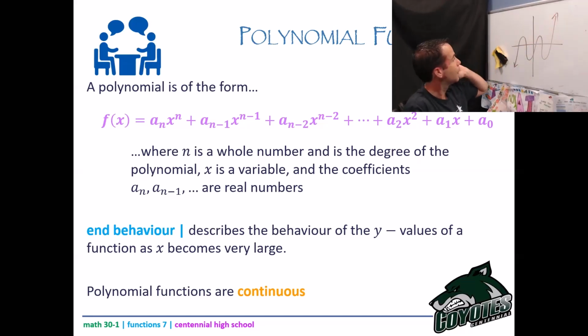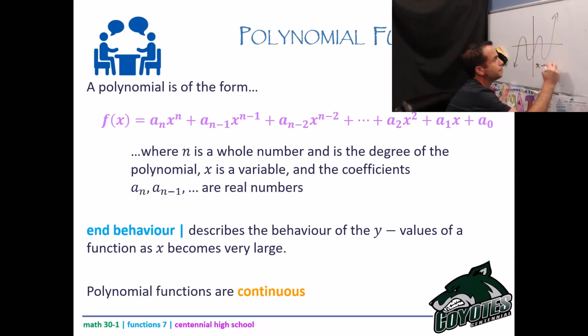We could also say it from a calculus perspective, which describes what's happening to y as x approaches positive or negative infinity. Just a little calculus note here: as x approaches infinity, y approaches infinity.